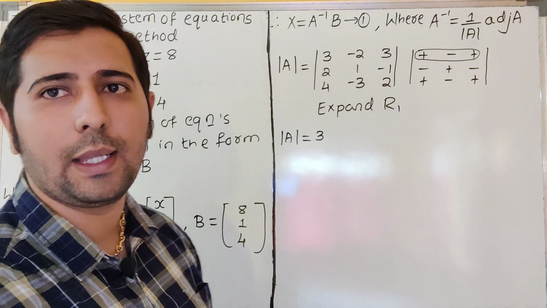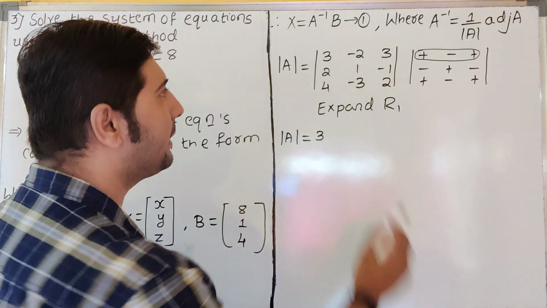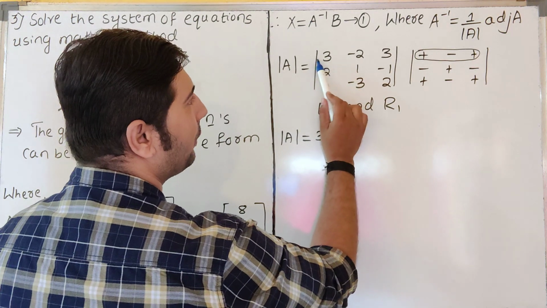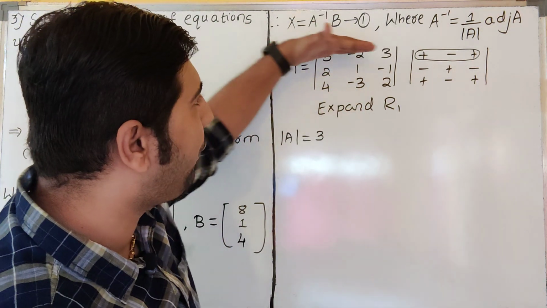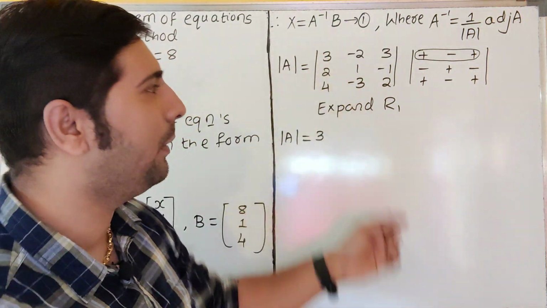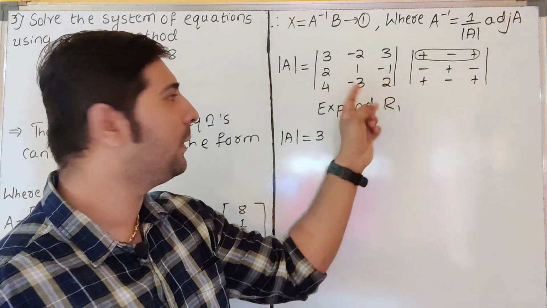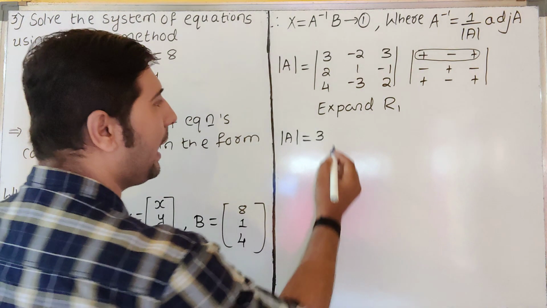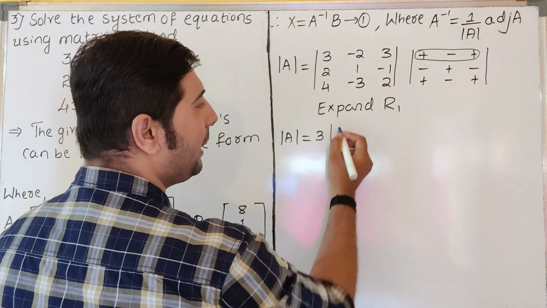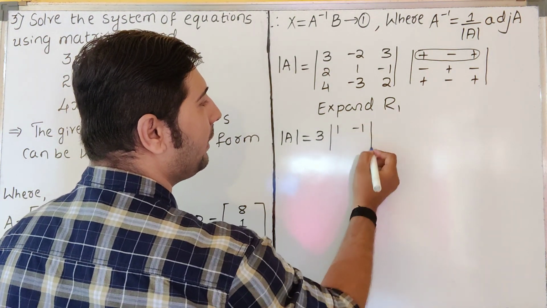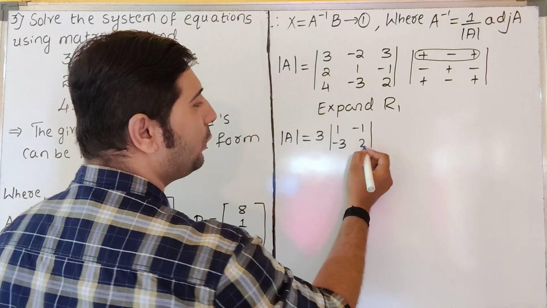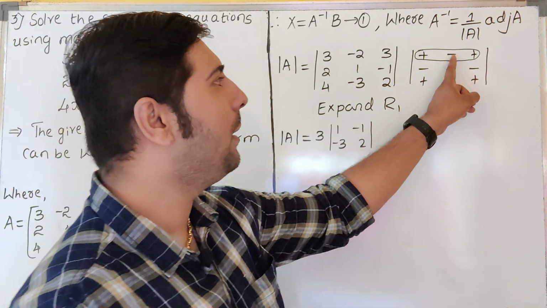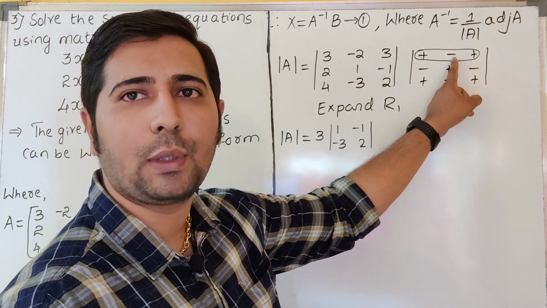Where is 3, dear students? It is in the first row, first column. If I leave the first row and first column, what are you left with? 1, minus 1, minus 3, 2. So in the determinant you write 1, minus 1, minus 3, 2. Clear everyone?